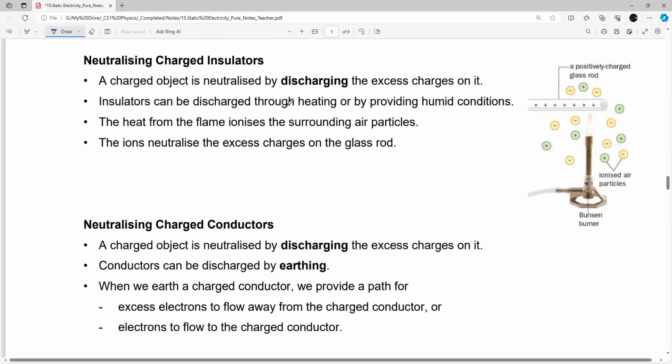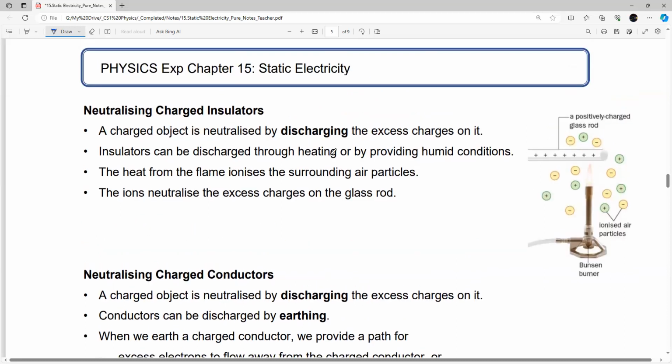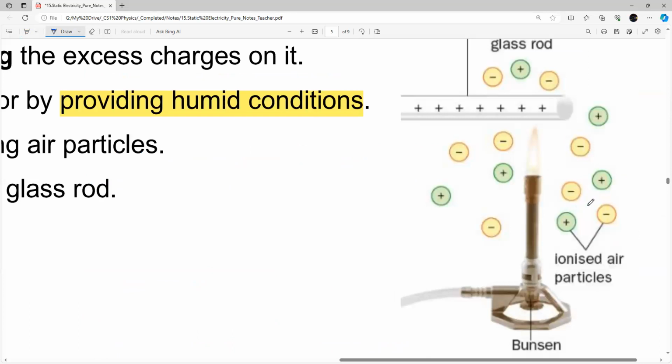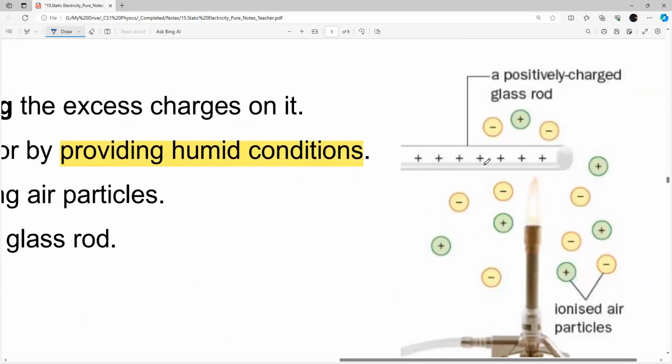Okay, so now after I charge a metal conductor, I want to discharge it. So how do I do that? I can discharge by heating, or by having humid conditions, because in the air, there are ionized air particles that will neutralize either a positively charged rod or a negatively charged rod.